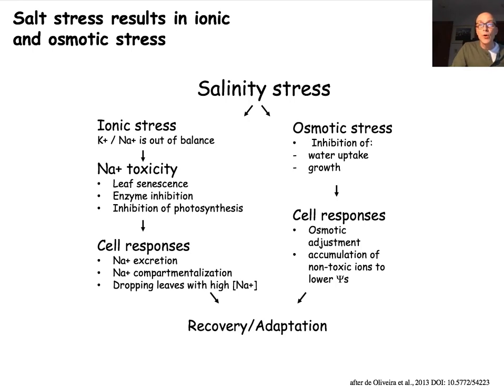By producing more organic acids that are in ionic form, or accumulating other non-toxic ions, the plant can lower the solute potential again and take up water, even if there is a relatively low solute potential in the soil.